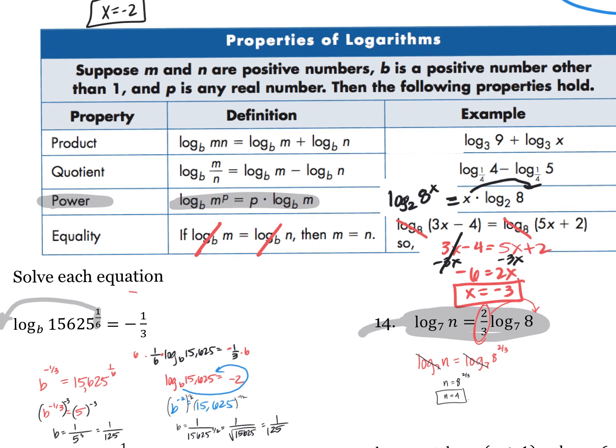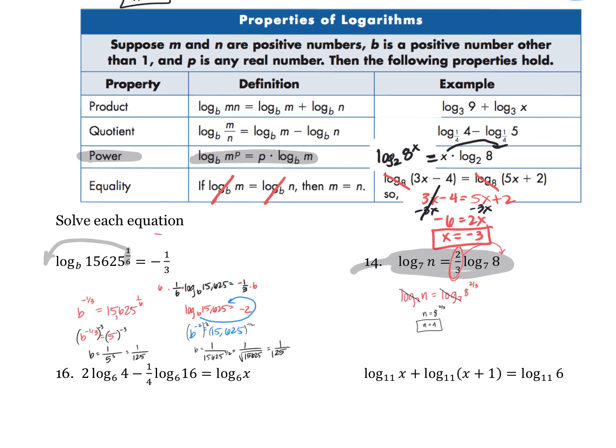With the product rule, if we ever have 2 logs being added, and I see 2 logs being added right there, I can condense them to 1 log. What did I do with this m and my n? I multiplied them. You get to do that. So check this out.